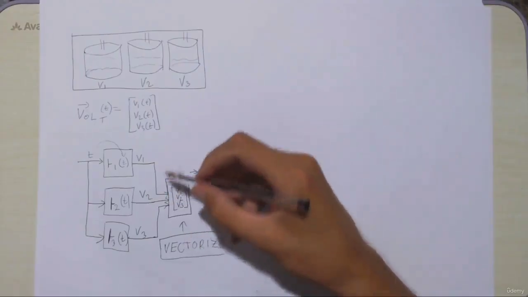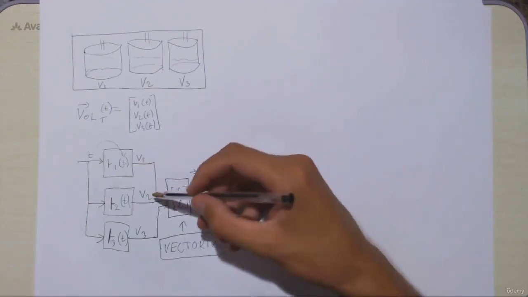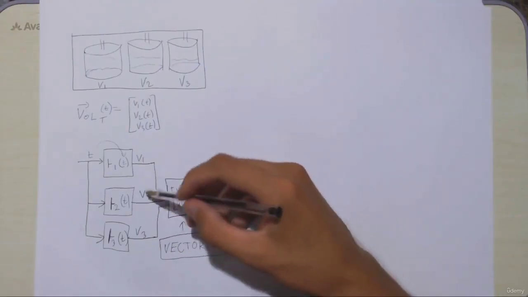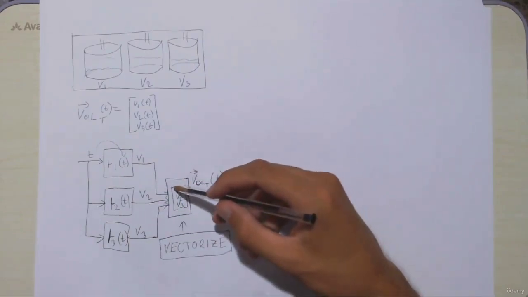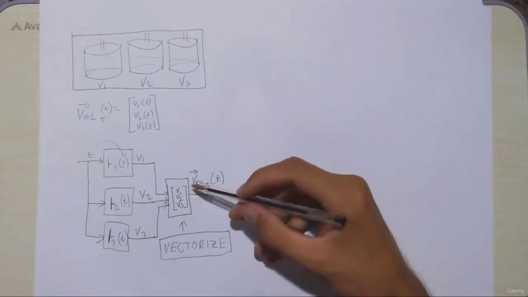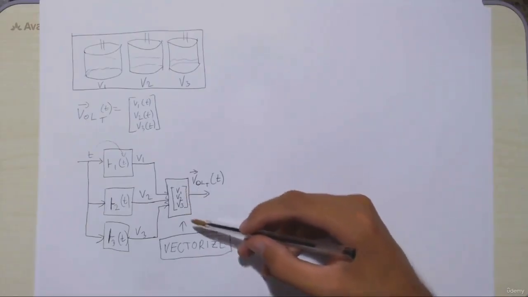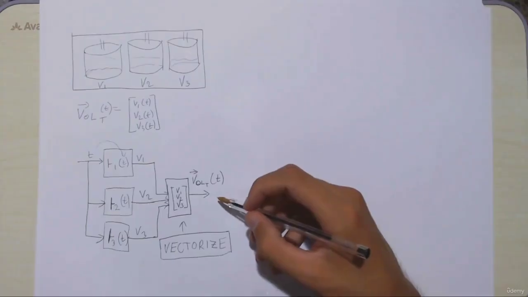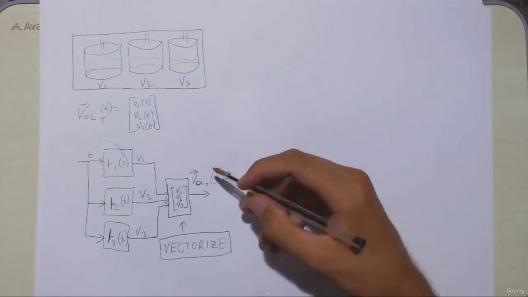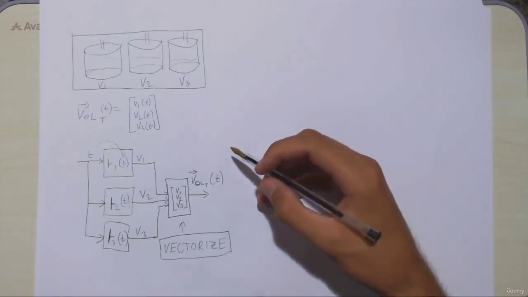Vectorizing means that you just take these outputs, v1, v2, and v3, and you structure them as a vector, like this. So you vectorize them, and you get the total volume of water as a vector per tank.